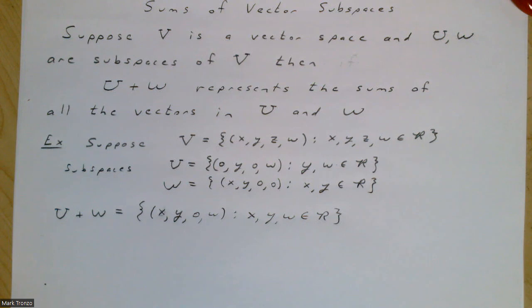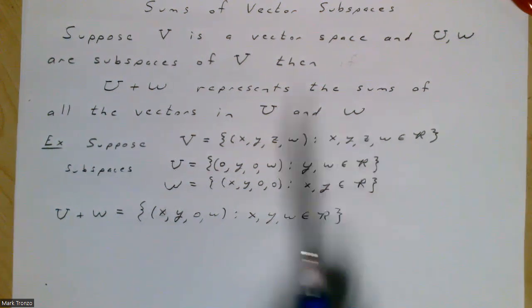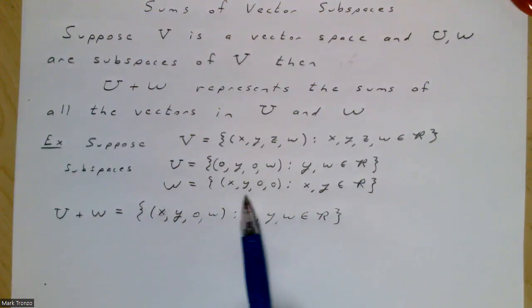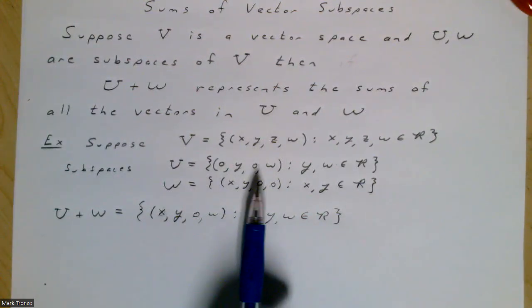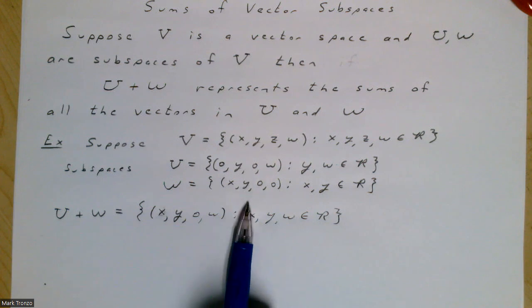And so that would be the sum. Once again, notice this is different from the union. The union would have just all of these vectors and all of these vectors. But here, with the sum, we're adding them together.